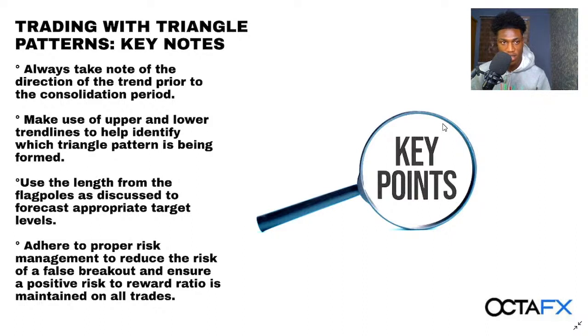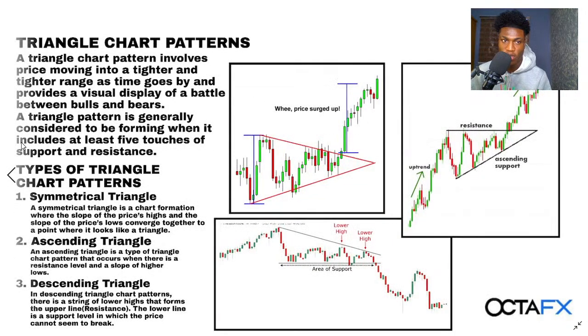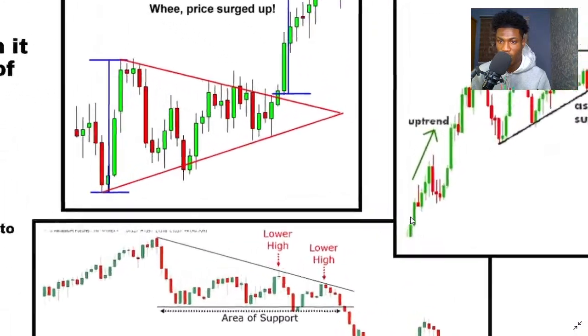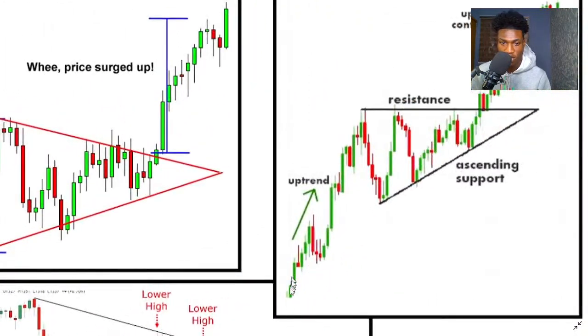Now the first one is always take note of the direction of the trend prior to the consolidation period. Now remember, triangle chart patterns are continuation patterns, right? So you should always take note of the trend prior to the formation of this chart pattern, which is an uptrend, right?